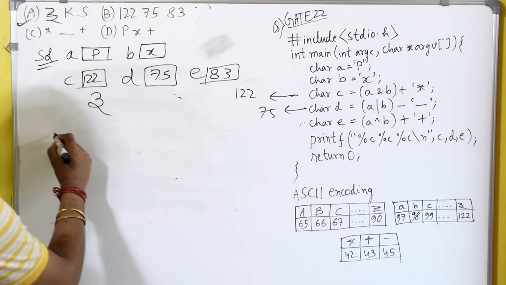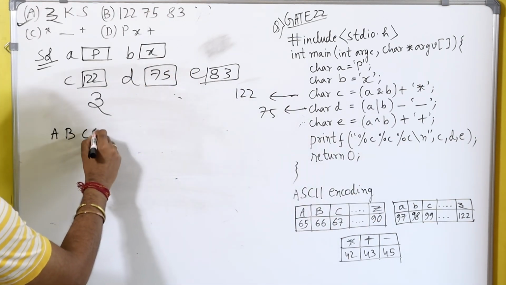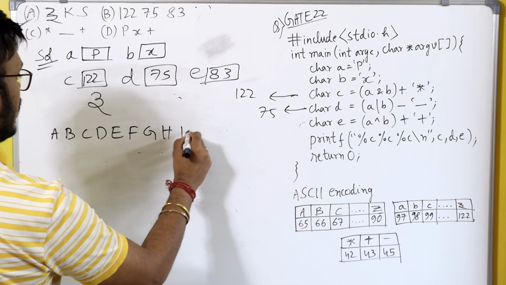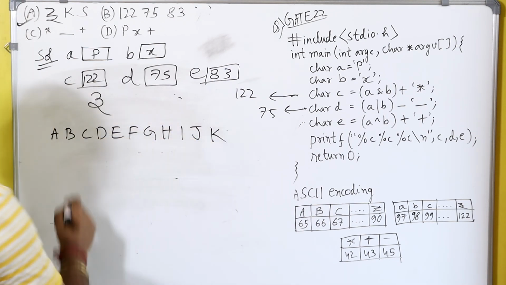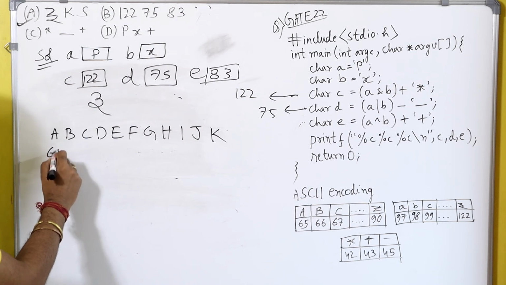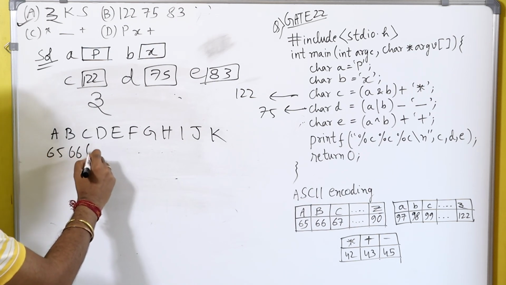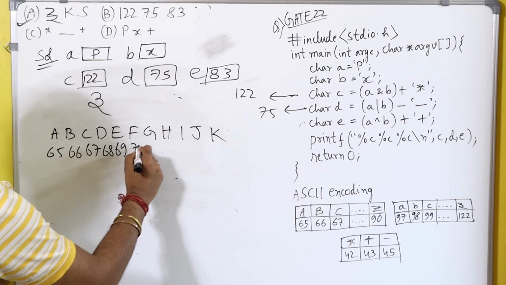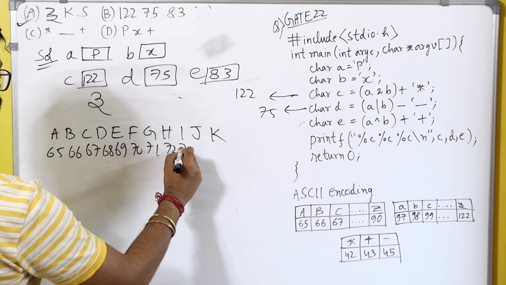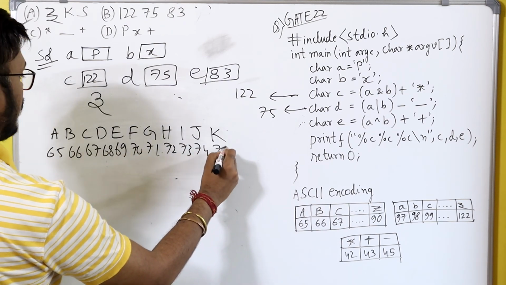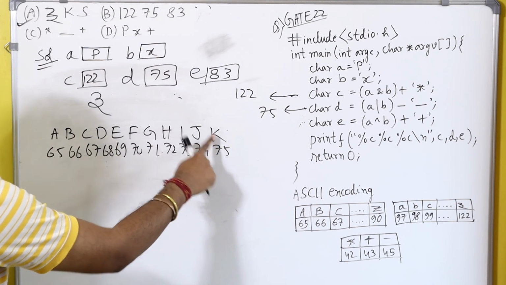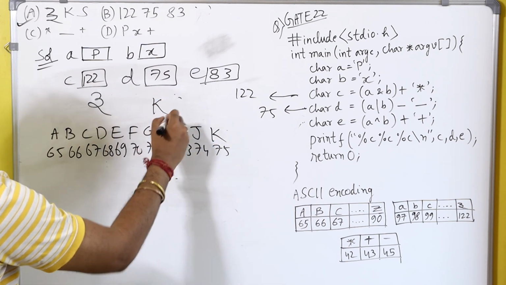Here you can see A, B, C, D, E, F, G, H, I, J, K. Fine. So A has the value 65, then B has the value 66, C has the value 67, then 68, then 69, then 70, 71, 72, 73, 74, 75. So 75 has the corresponding character K. So it means what? K will be printed.